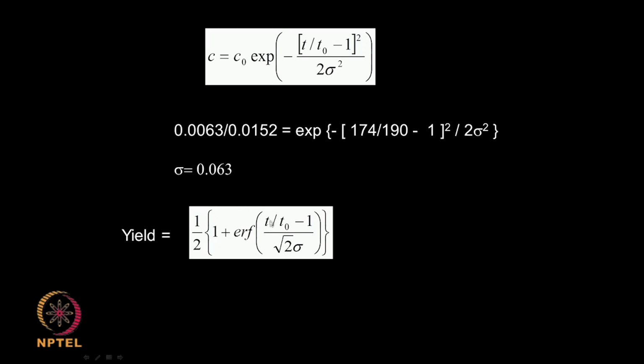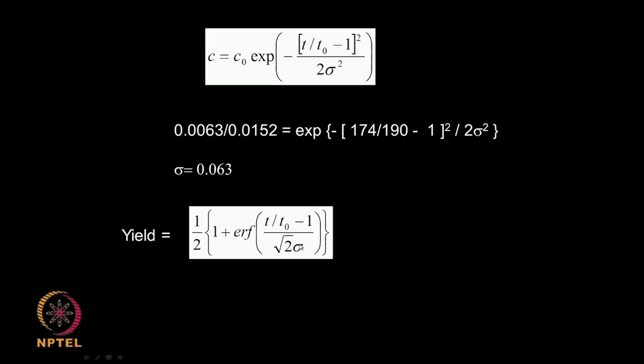Now, I know T, it is 200 minutes. So, I am collecting the output from the chromatographic column up to 200 minute and T naught is 190 minute, sigma is known. So, I need to calculate the yield. Only hang up is error function and I once showed you the table. Using the table I can calculate the yield.